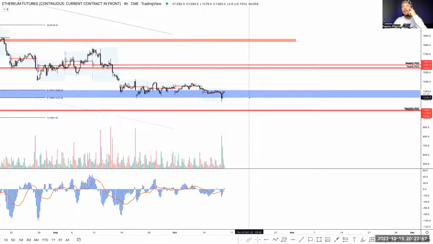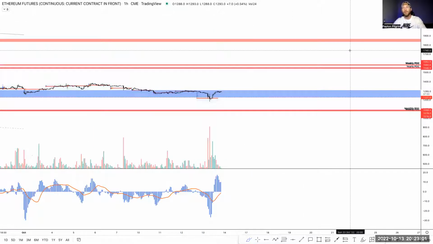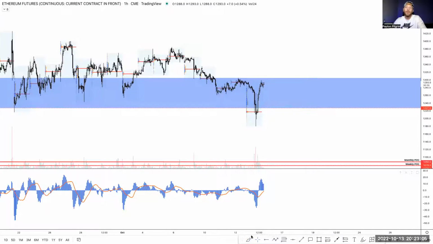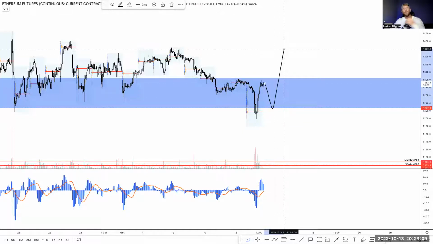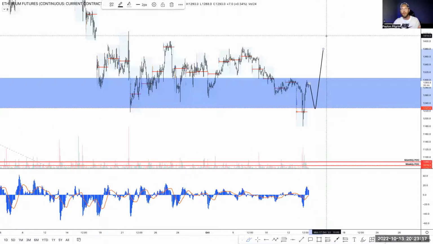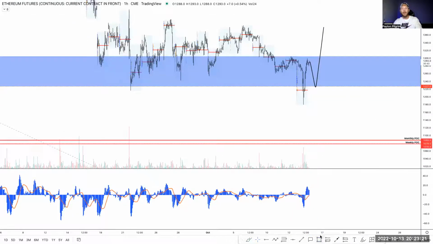Once we see Ethereum really start to take off, that will give us a really, and to be honest, it's the same thing as Bitcoin. When this comes back down, it will be looking for a play to the upside, and maybe even a possibility to hold it for a longer term play. Like I said with Bitcoin, there are still prices that I would not be surprised if they got hit.